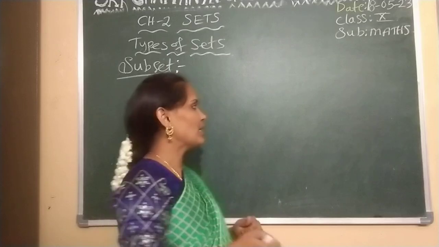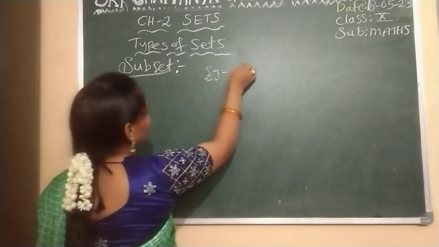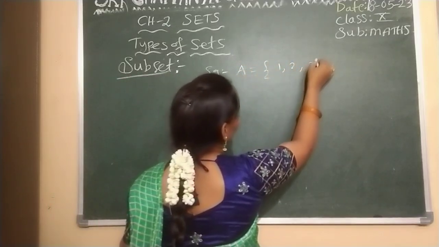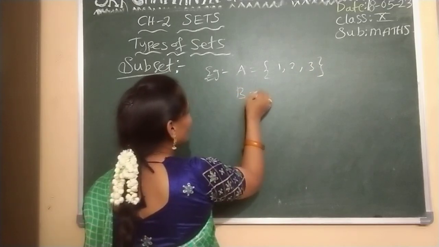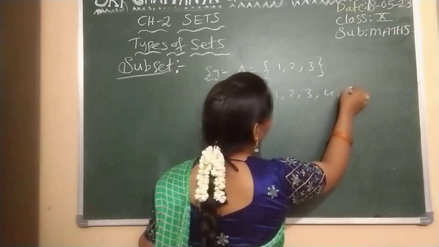Let us take one example. Suppose I have one set A = {1, 2, 3} and one more set B = {1, 2, 3, 4, 5}.